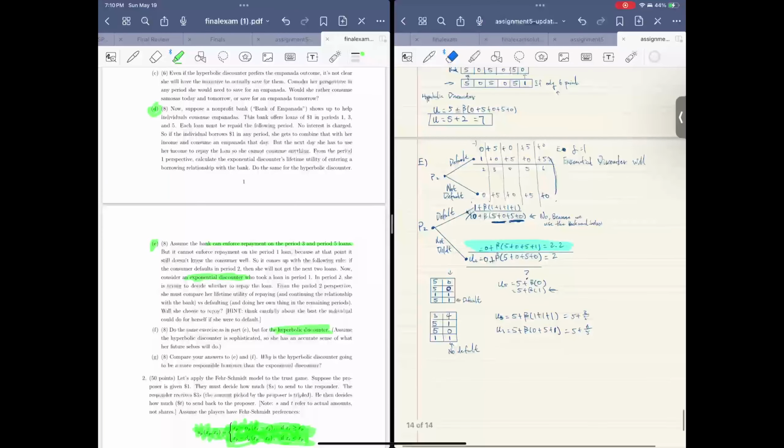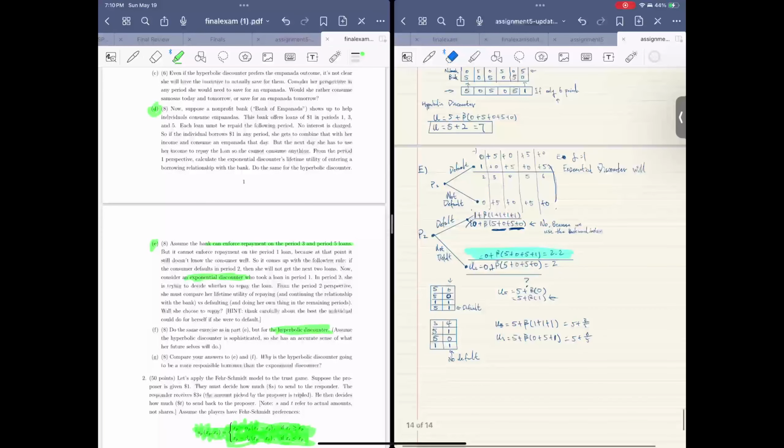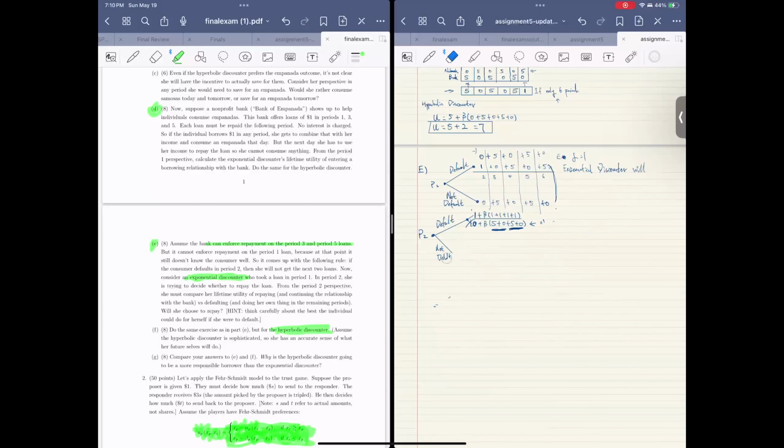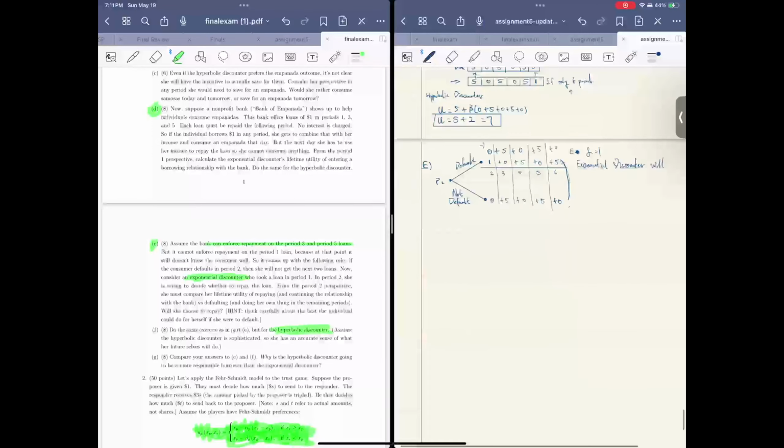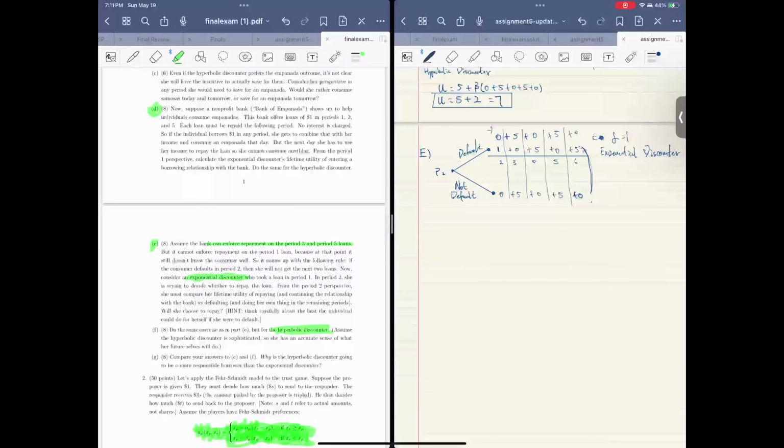Okay, let's redo the hyperbolic since we can't really default in the last day. See what we can get for our hyperbolic.